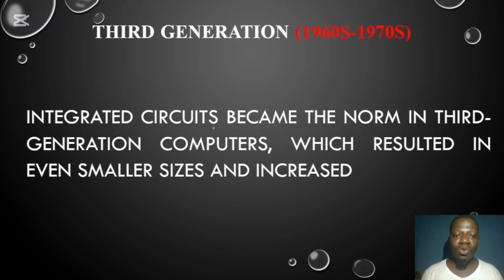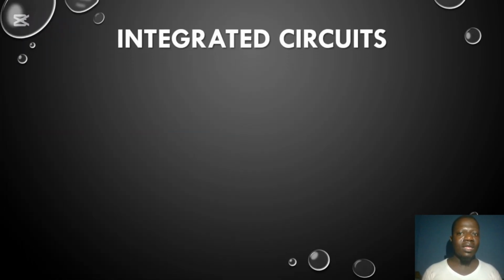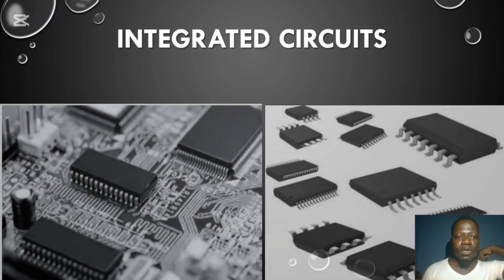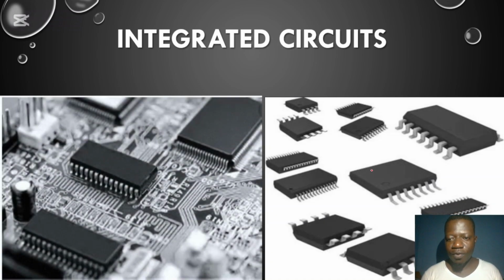Let's have a look at our integrated circuit, how it looks. So this is the picture of our integrated circuit, and in this picture you will see it being mounted on the motherboard. So this is how the integrated circuit looks.